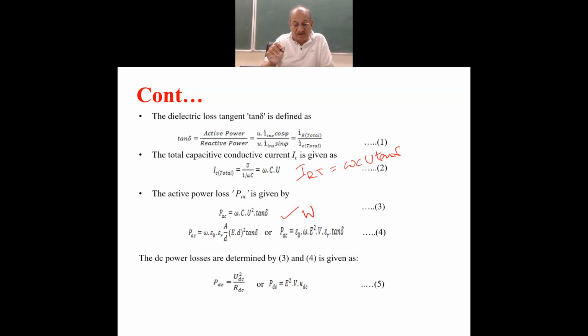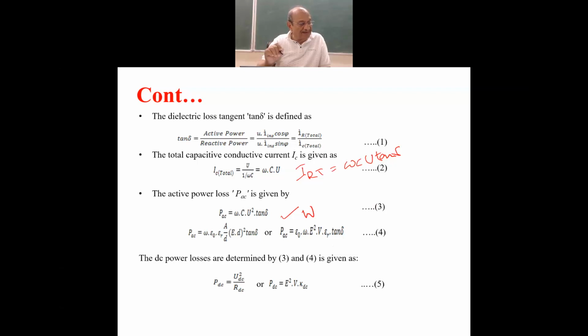C, the capacitance formed by the dielectric, let's take in farad. The voltage applied is in volts. So when these units are taken into consideration, you will get the AC power loss to be equal to omega Cu square tan delta watts.